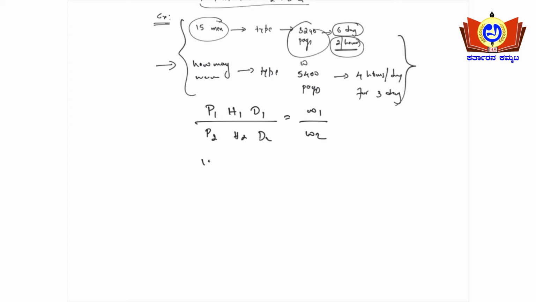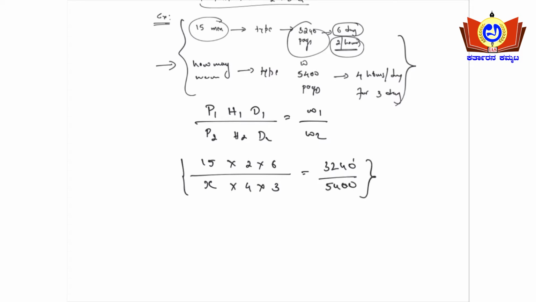So 15 into 2 into 6 divided by X into 4 into 3 will be equal to 3240 divided by 5400. This much is the work done, W1 by W2.